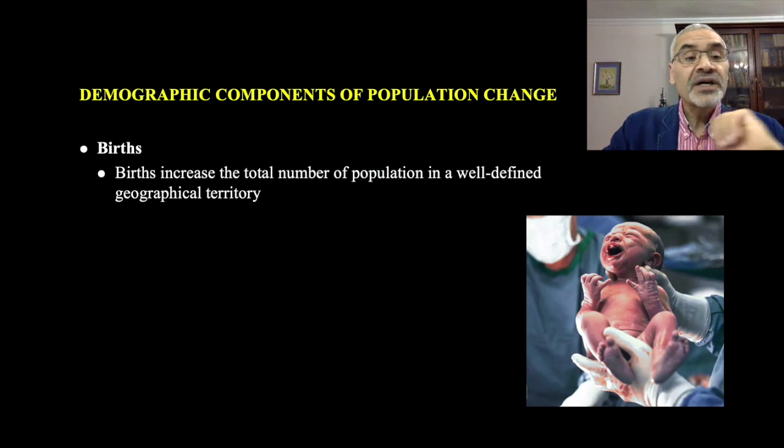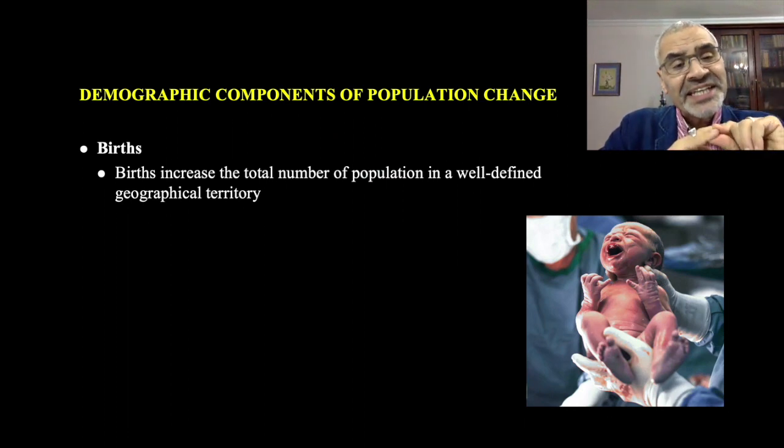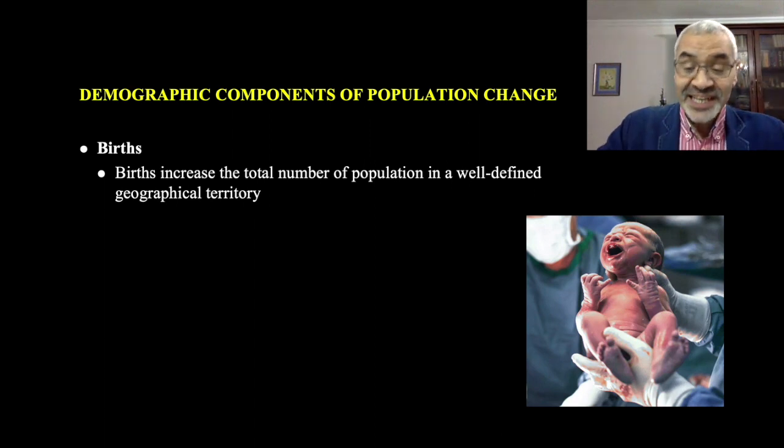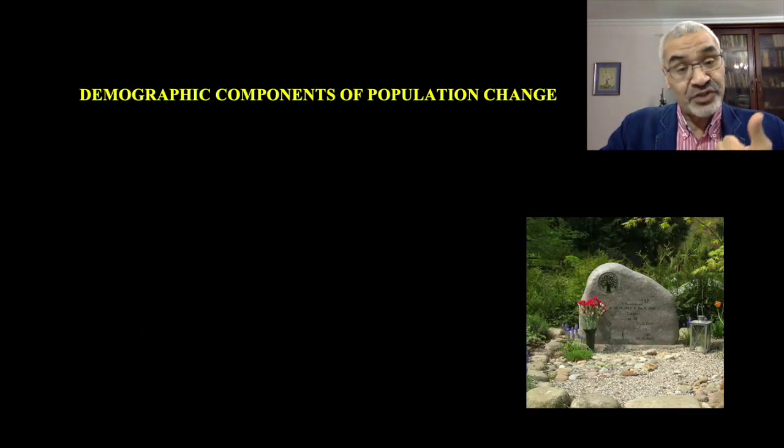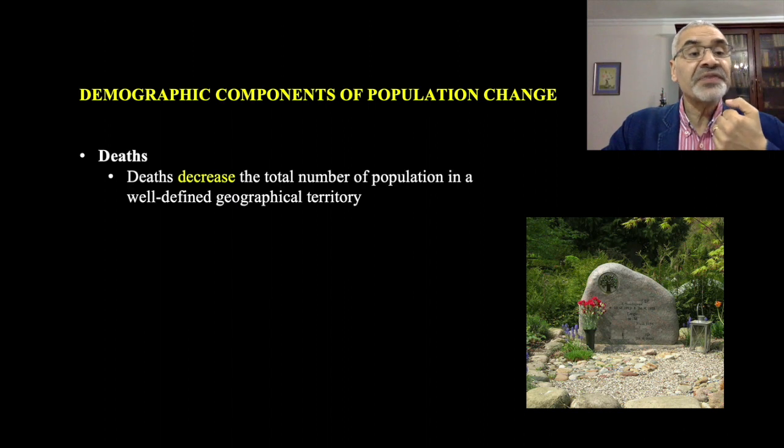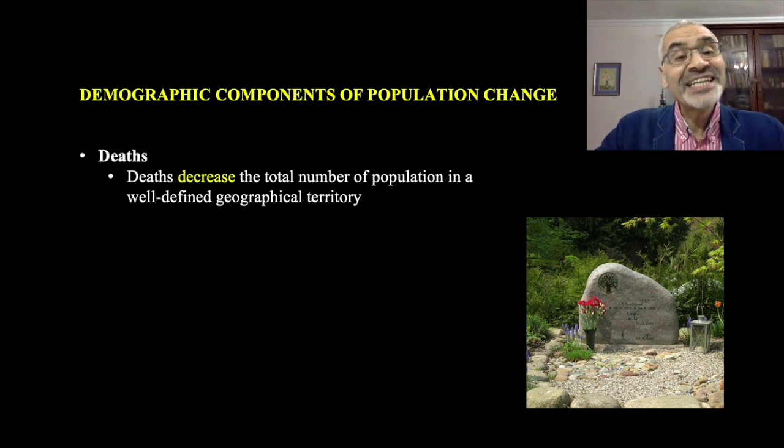So, as I mentioned, births increase the total number of population in a well-defined geographical territory. Deaths decrease the total number of population in a well-defined geographical territory.